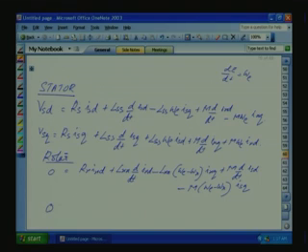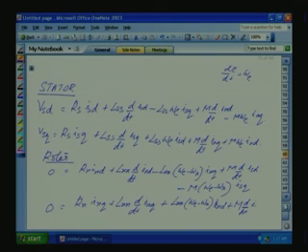Now the Q axis, again 0 is equal to RR IRQ plus LRR d by dt IRQ plus LRR into omega rho minus omega r, omega r is the rotor speed, into IRD plus M into d by dt of ISQ plus M into omega rho minus omega r into ISD.